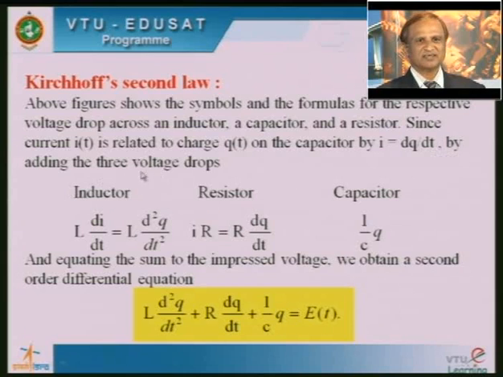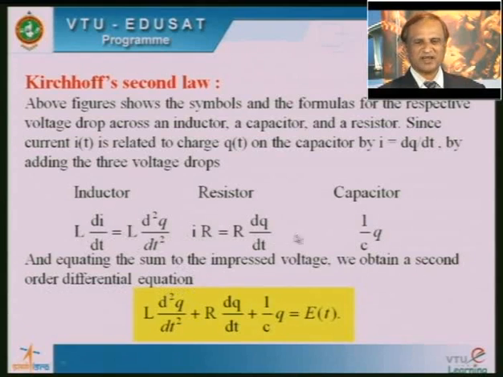By adding the 3 voltage drops, namely inductor, resistor, capacitor, how are we going to denote it mathematically? L into di by dt is equal to capital L into d square q upon dt square. Similarly, IR is equal to R into dq by dt, and the capacitor is denoted by 1 by C into Q, right. And equating the sum to the impressed voltage, we obtain a second order differential equation.